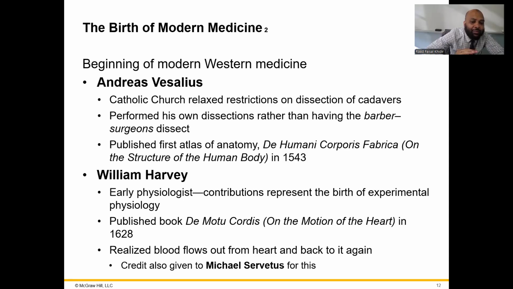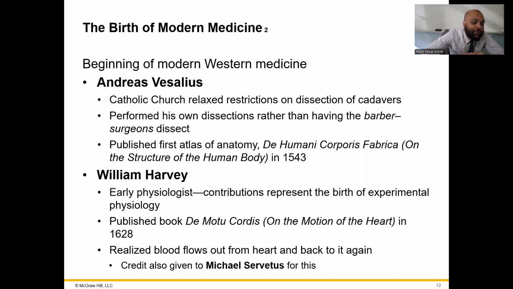So they had a job for somebody known as the barber surgeon. So the barber surgeon would stand next to the rotten, putrefying, stinking cadaver and run the dissection, while the scientists would sit at the top. The place where the scientists used to sit at the top is known as the cathedral.